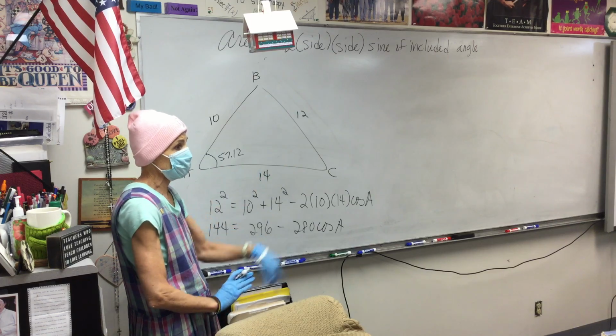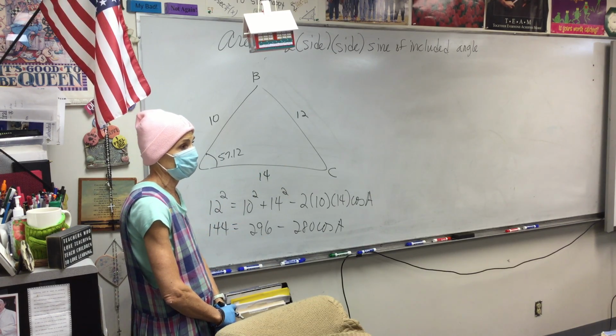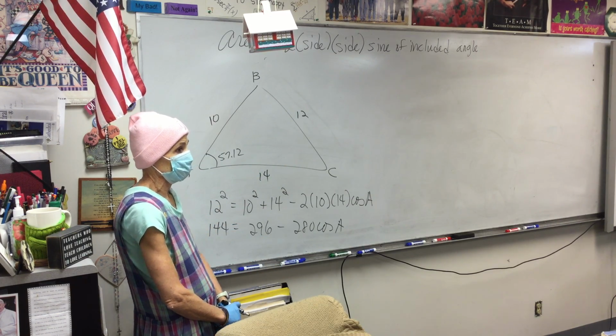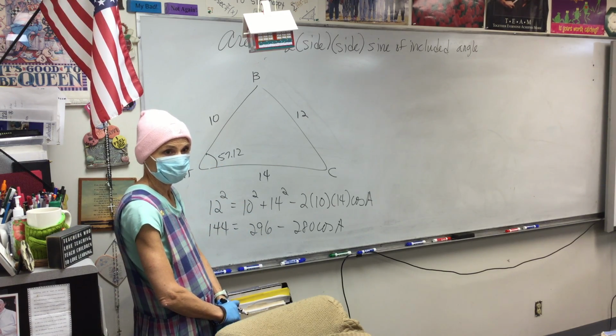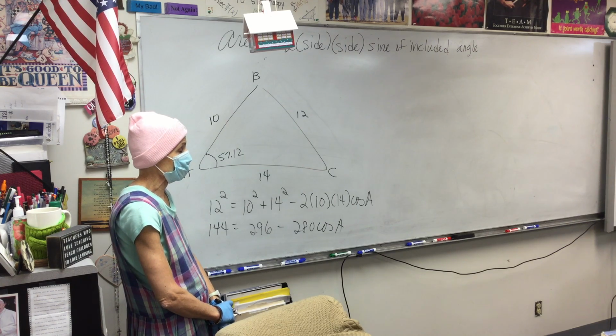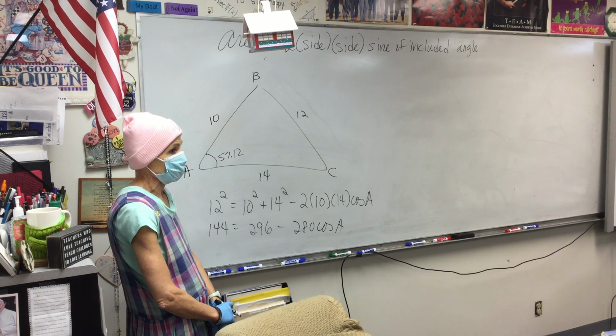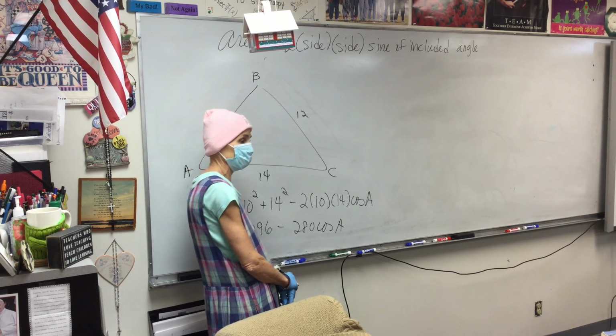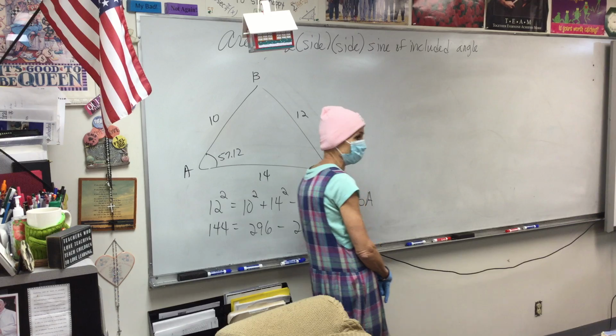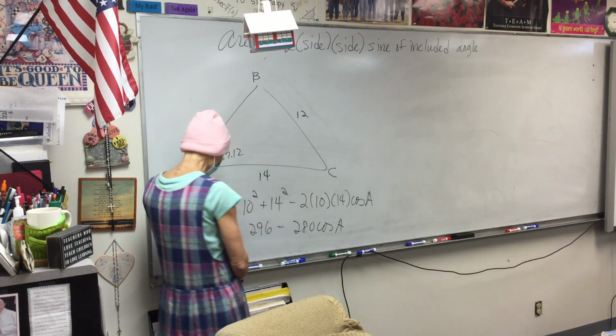Remember, you have to take the inverse cosine of that. Reagan, you get 57.12? I did. Quigley, you get 57.12?